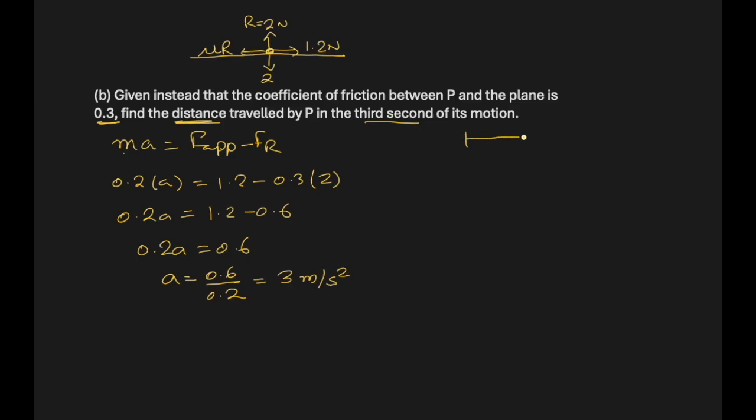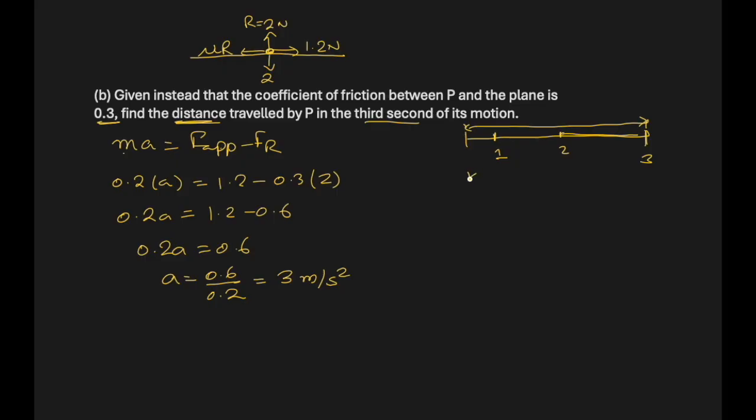the whole distance. So let's try to visualize this. In 1 second, because it's accelerating, suppose it traveled this much. In 2 seconds it traveled a little farther, and after 3 seconds it traveled even farther, right? So what is my plan? I will find from here to here the total distance traveled in 3 seconds.